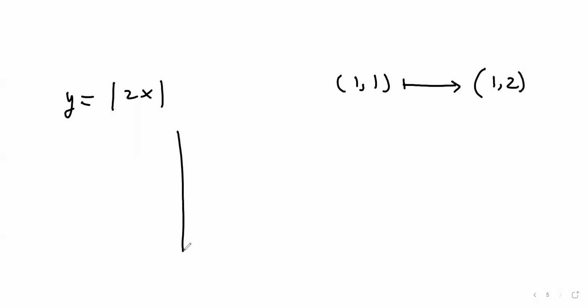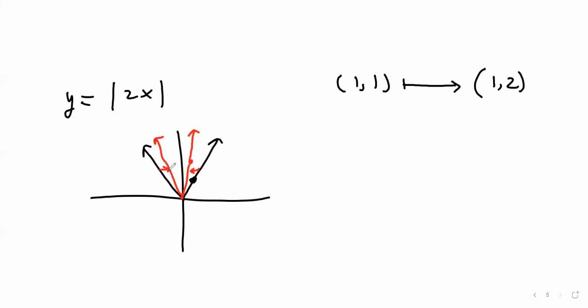And now this is the absolute value function, and (1, 1) is right here. And now I have (1, 2). So where is (1, 2)? (1, 2) moved up this way. So therefore, the graph is going to look like this. Okay, so if you look at it horizontally, then the graph moves this way.